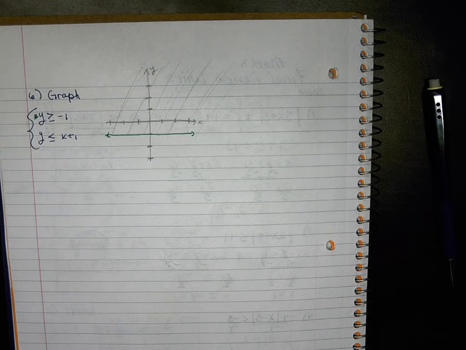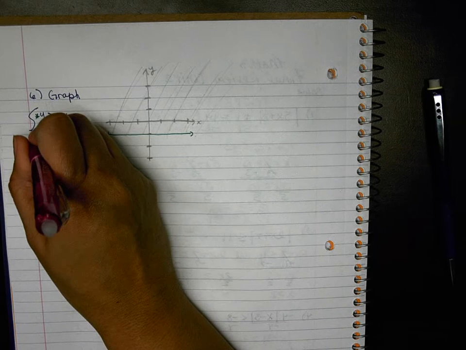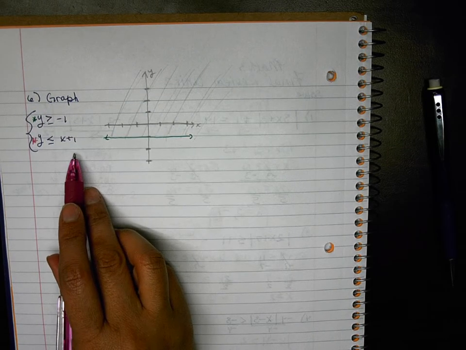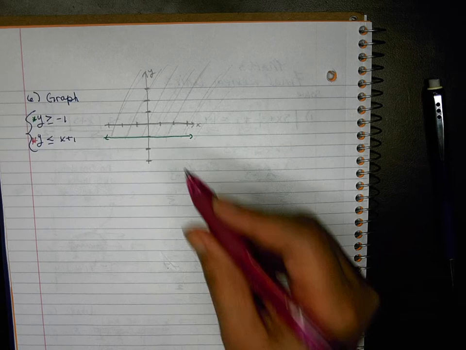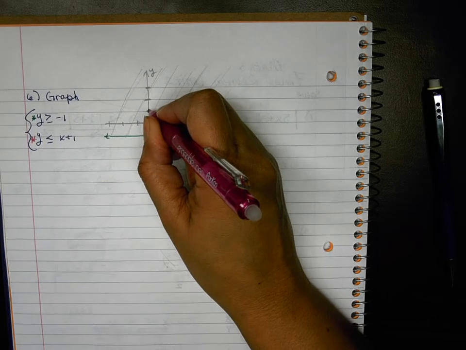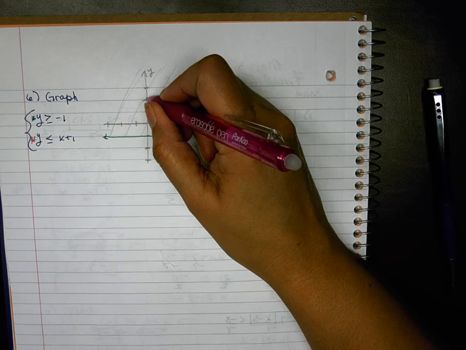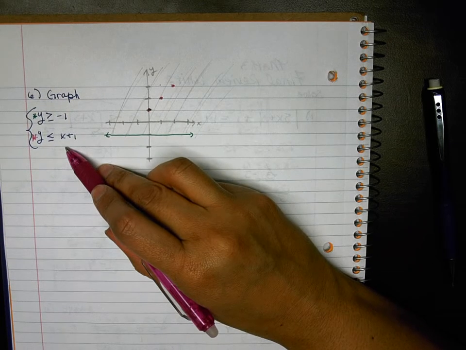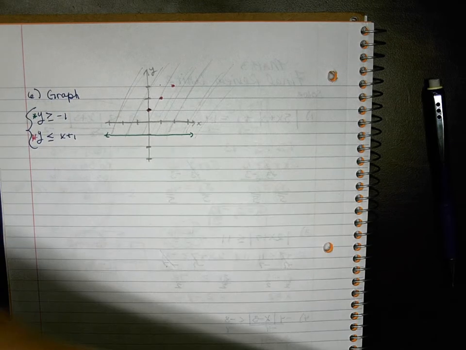Next one. I'm going to go up 1, and then the slope is 1. Up 1 over 1, up 1 over 1. Is it solid or dashed? Solid.